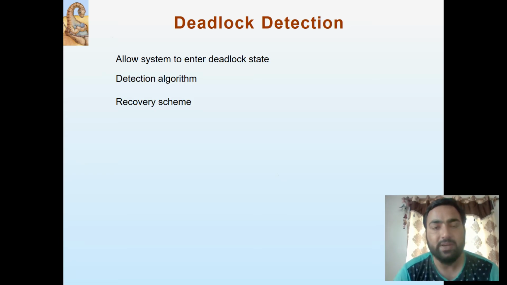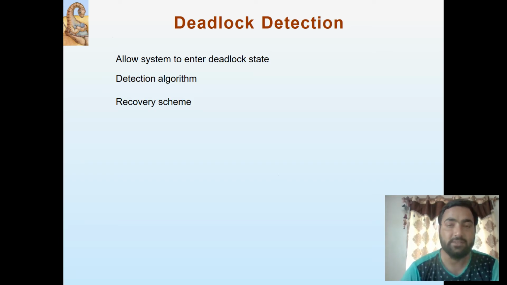Then when the deadlock is there in the system, we use detection algorithms to detect how the deadlock has occurred in the system, and what are the different scenarios or consequences that may arise in the system because of the deadlock. And then we'll be discussing the recovery schemes, that is, how we can recover from that deadlock in the system. So let's proceed.